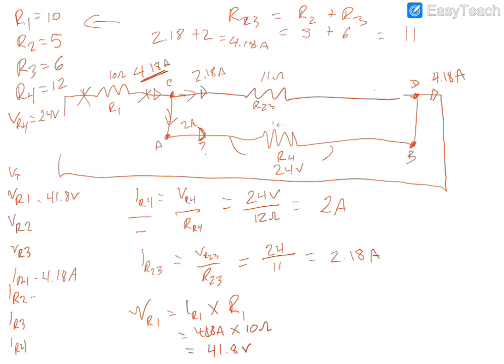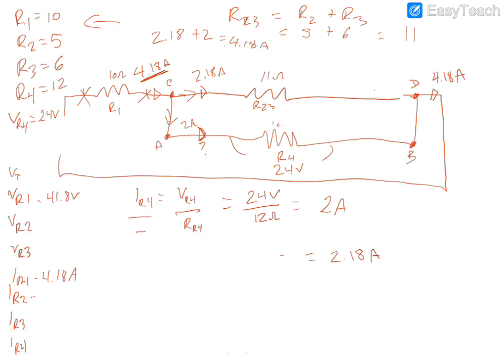If we want to find out the total voltage, or V total, we need to recognize what the volt drops are in our circuit.